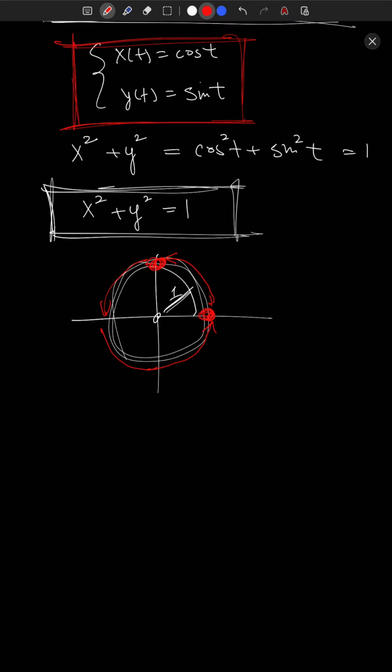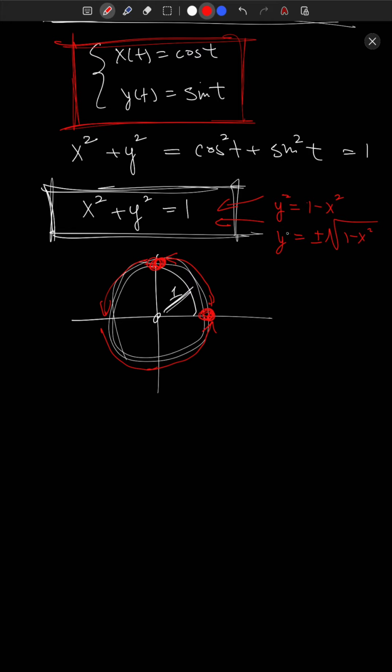Okay. So this is really powerful because working with circles is generally not so easy. When you want to describe a circle in terms of even just x and y, and you want to work with functions, then you have to solve for one of them. So you might solve y squared equals 1 minus x squared, and so y is equal to plus or minus square root 1 minus x squared.